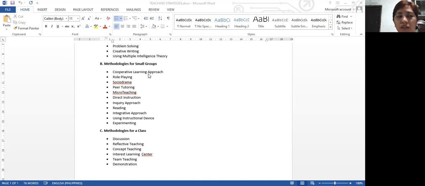Whereas in collaborative, there's no leader in the group. Each member will just contribute what they can, or what help they can extend to the team. So that's the difference between cooperative and collaborative.